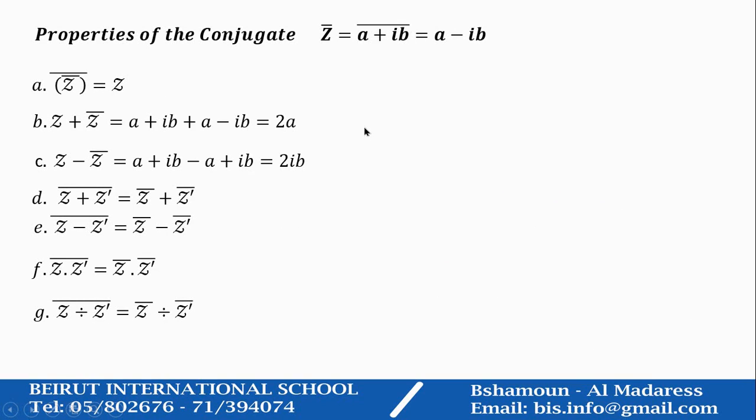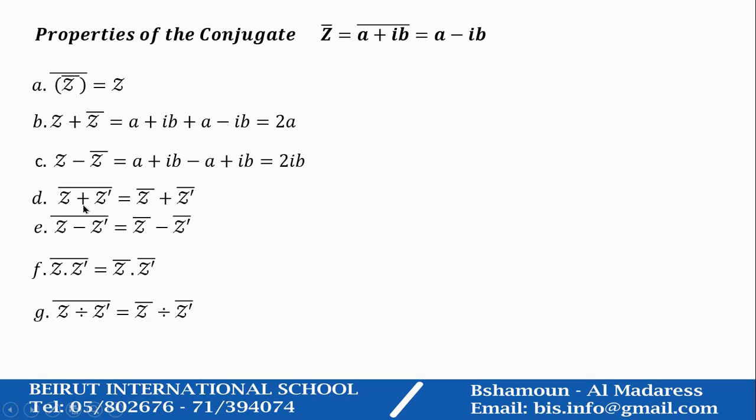Properties of the conjugate. It is important that the conjugate of Z, where Z is A plus iB, is A minus iB. We said that before. The conjugate of the conjugate of Z is Z. Z plus its conjugate is 2A, because if Z is A plus iB, its conjugate is A minus iB. Z minus Z conjugate is 2iB.